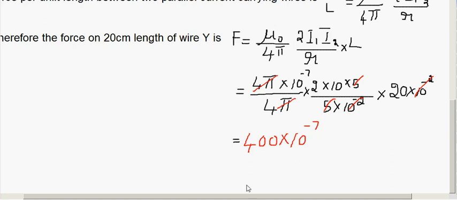Force unit is Newton. It can be written as 4 into 10 to the power minus 5 Newton.